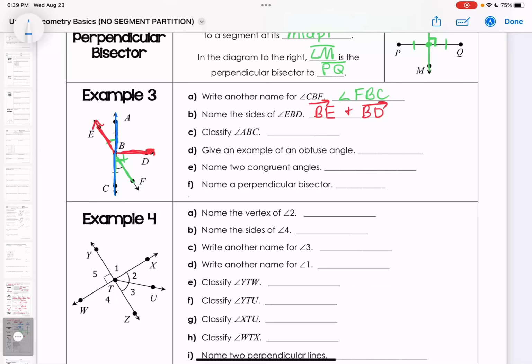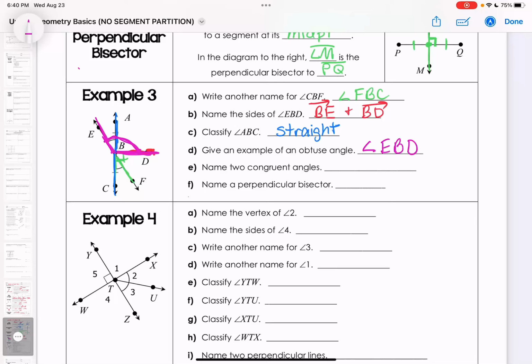So this one would be then a straight angle. So now give an example of an obtuse angle. So I have EBD. You see that? That one is obtuse.